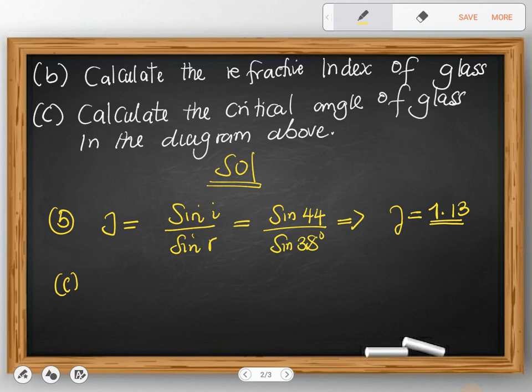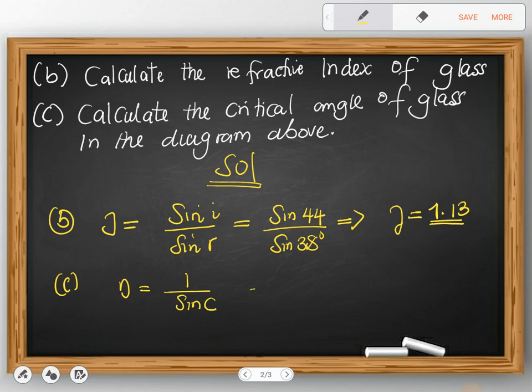So if we say sine 90, what are we getting? 1, right? Exactly. So refractive index is equal to 1 over sine C, where C is the critical angle.